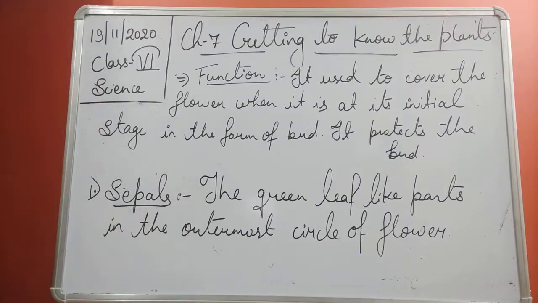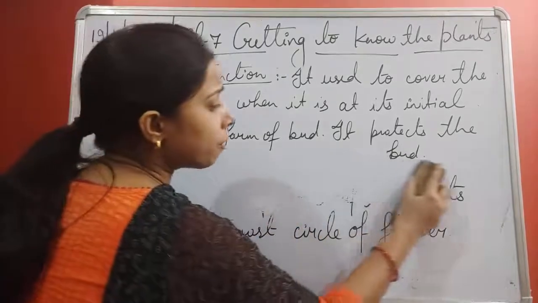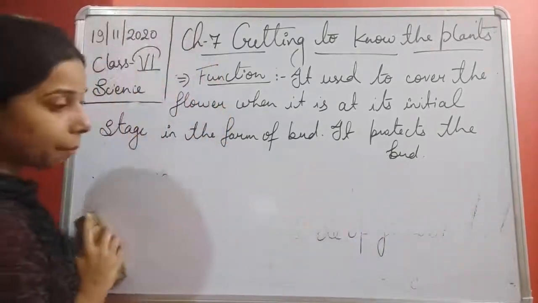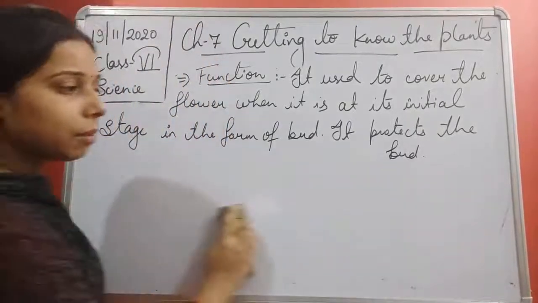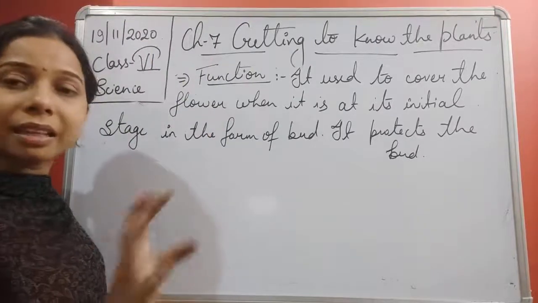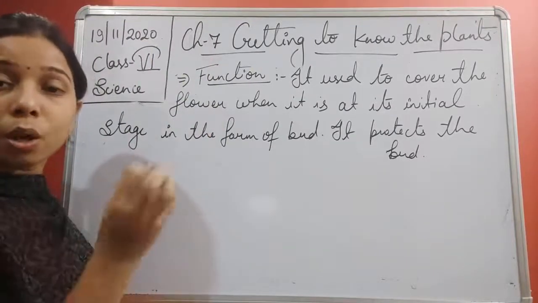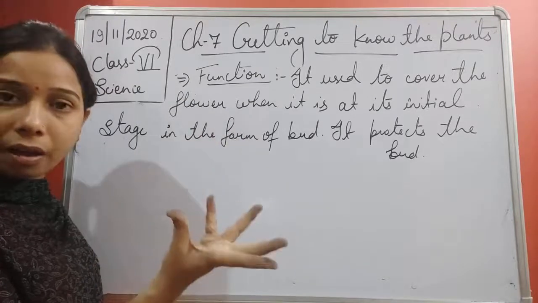Now, if you see, students, normally in some of the plants the green sepals are present at the base, but in some of the other flowers you will see that no sepals are present when the bud develops into the flower.